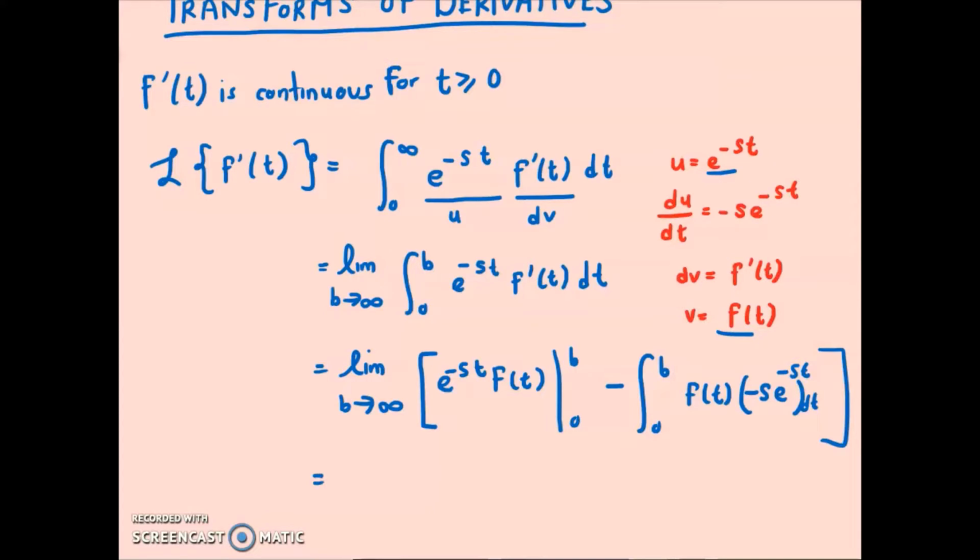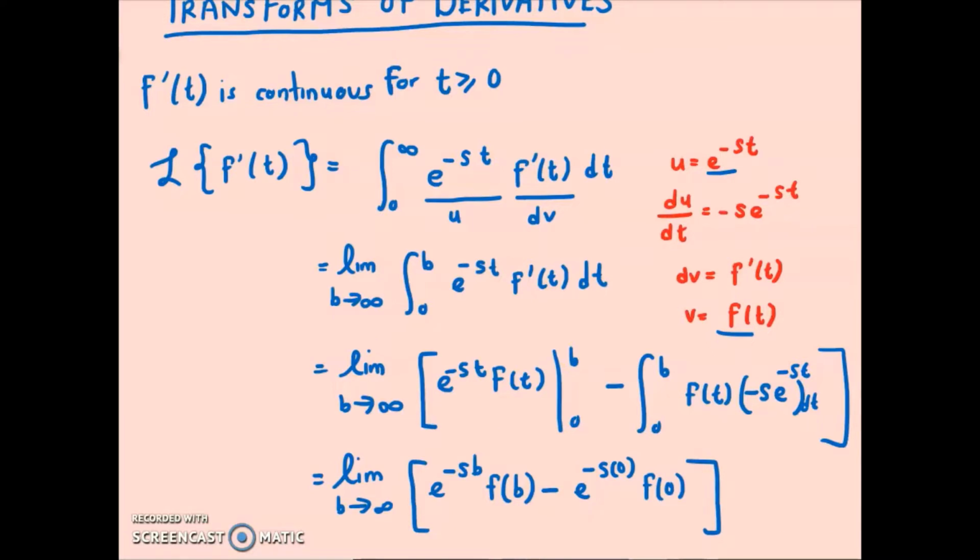Now we can apply the limit, b approaching infinity. So I have e to the negative sb f of b minus e to the negative s times 0 f of 0.